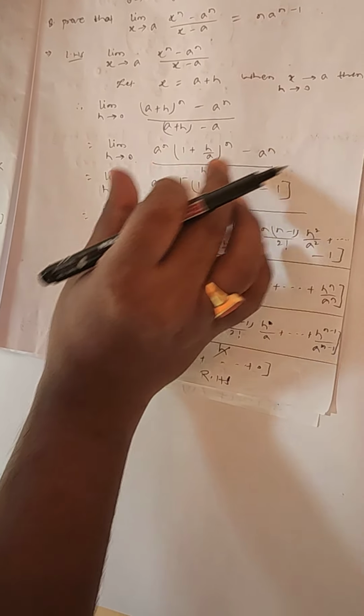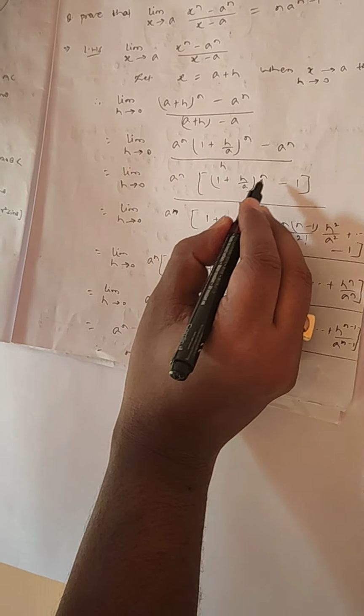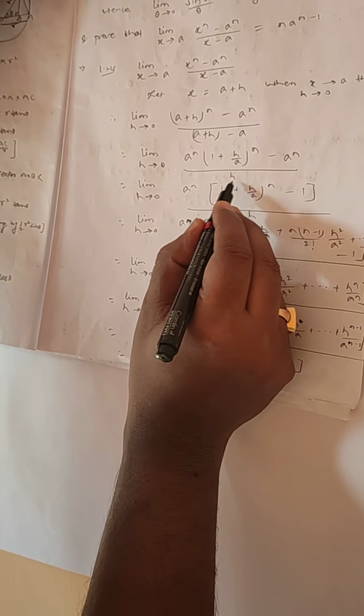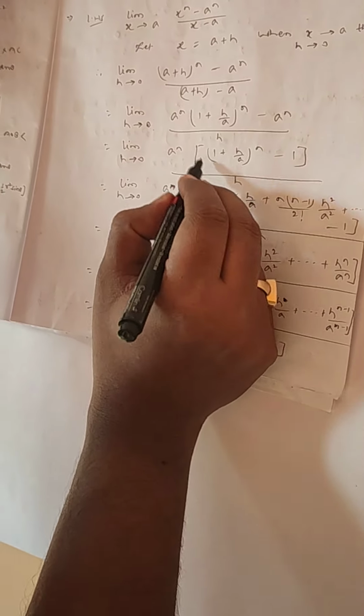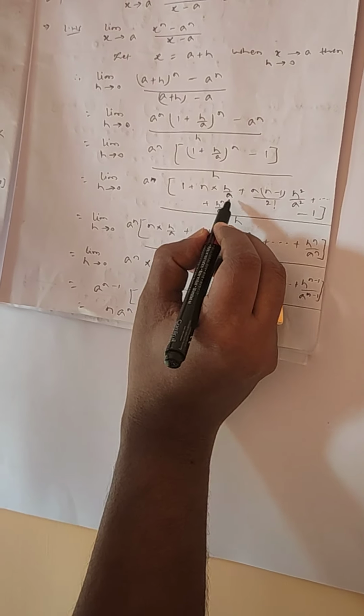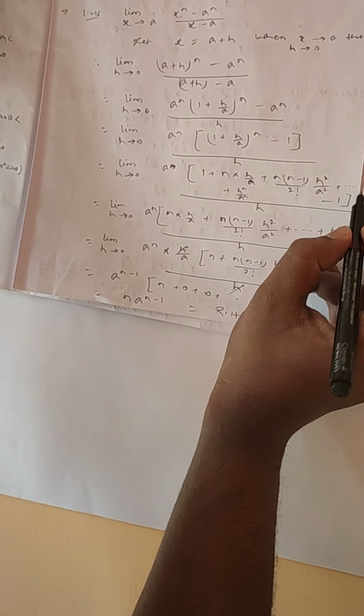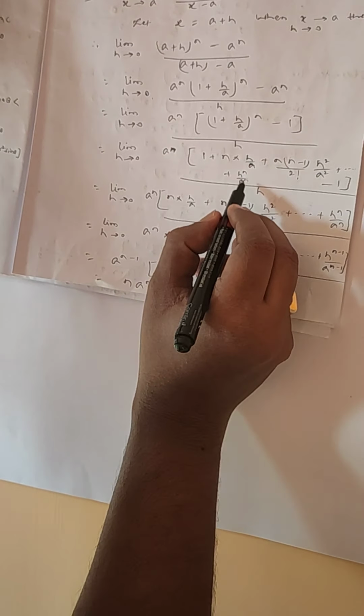Taking a raised to n common, we get a raised to n times 1 plus h by a raised to n minus 1, by h. Now here we are using binomial expansion: 1 plus n into h by a plus n into n minus 1 factorial 2 h square by a square, and up to the last term h raised to n by a raised to n, and minus 1.